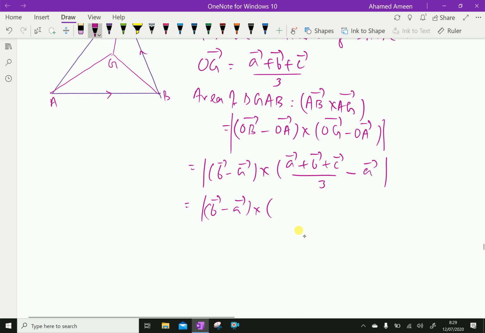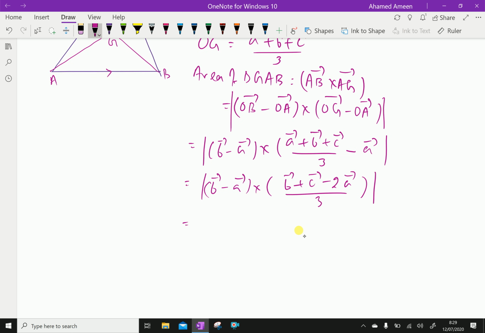Therefore vector B plus vector C minus 2 vector A over 3, equal to 1/3 (vector B minus vector A) cross (vector B plus vector C minus 2 vector A).